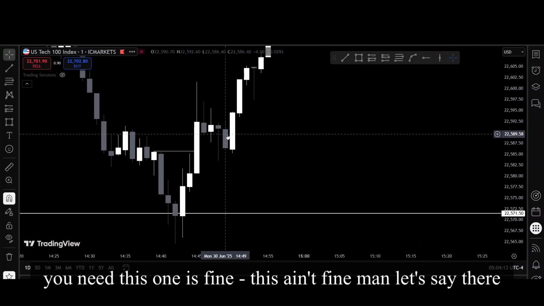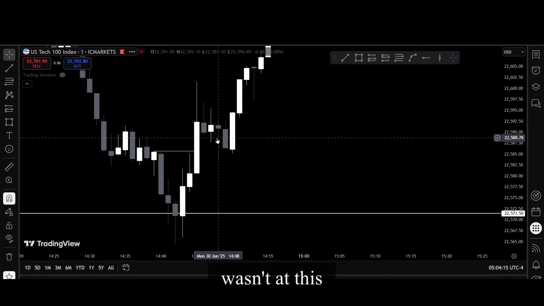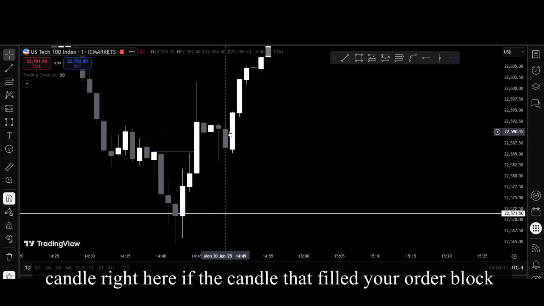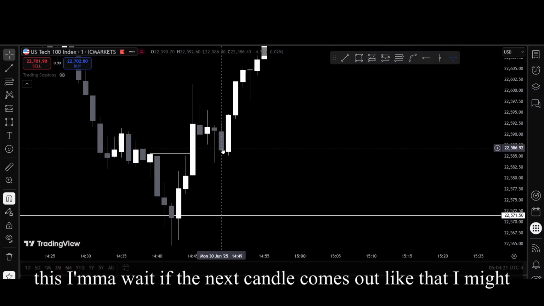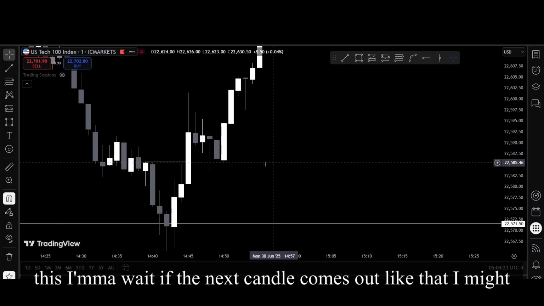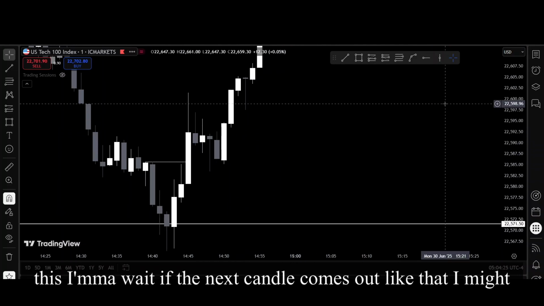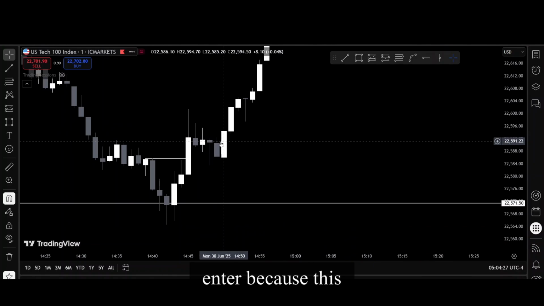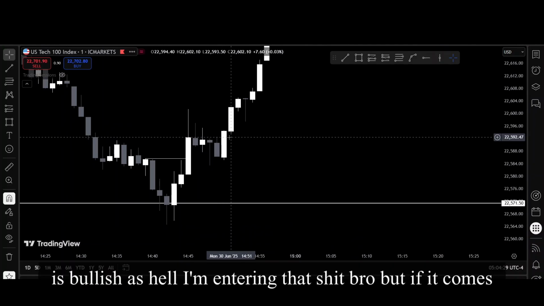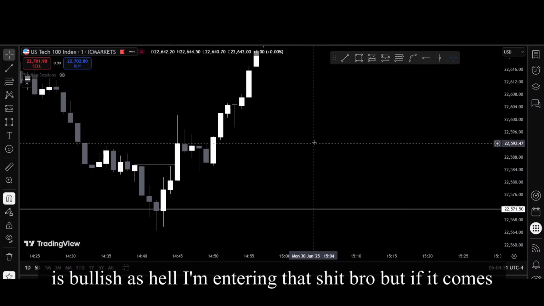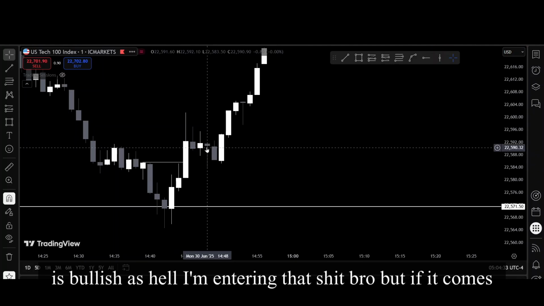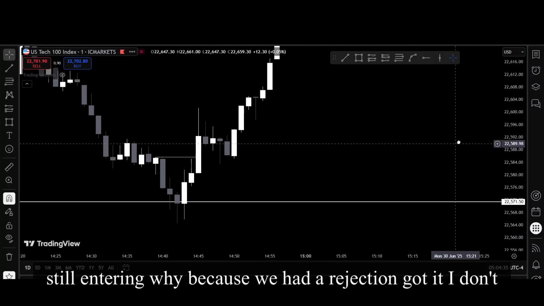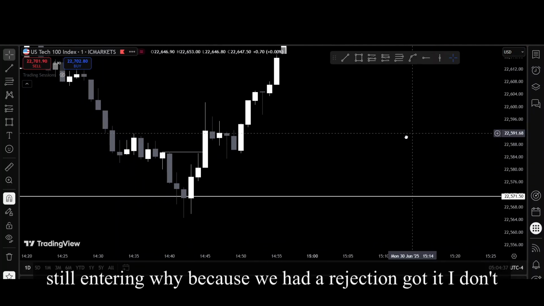Let's say there wasn't this candle right here. If the candle that filled your order block looks like this, I'ma wait. If the next candle comes out like that, I'ma enter, because this is bullish as hell. But if it comes out like that, I'm still entering. Why? Because we had a rejection.